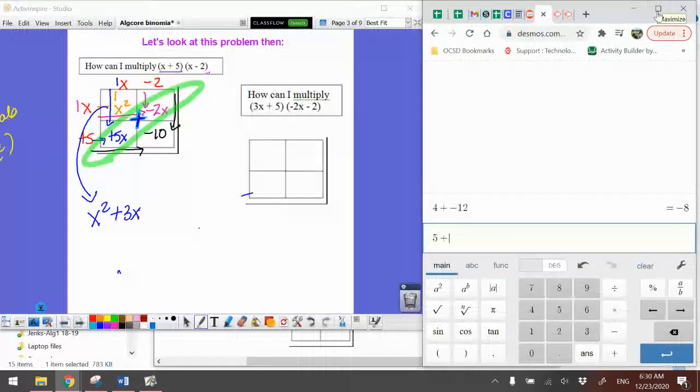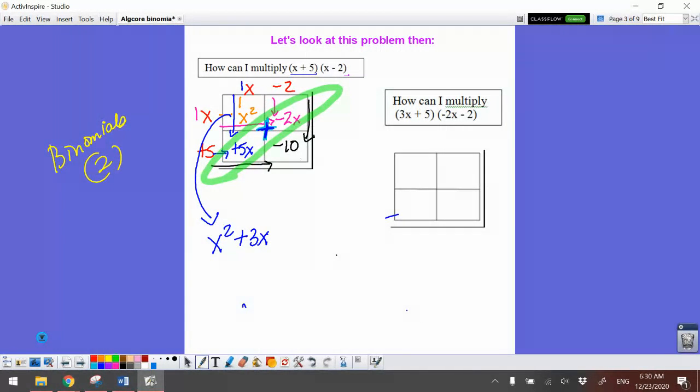So 5 plus negative 2 is a negative 3. Or sorry, it's a positive 3. Okay, and then my last term comes from here. This one just drops. So x squared plus 3x minus 10. I'm done. So I just multiplied 4 times, and then I'm going to add those middle terms.